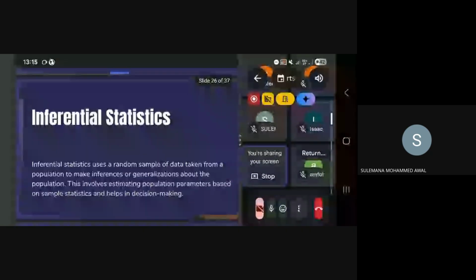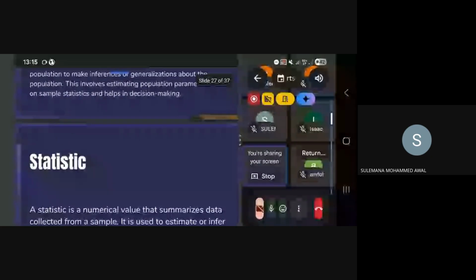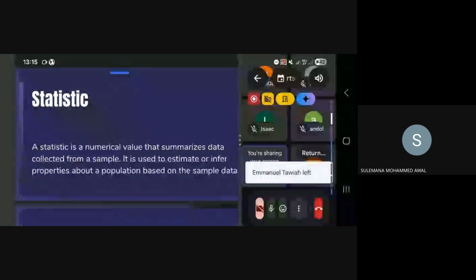The inferential too, we've made mention of it, and I think we did well in coming up with some examples, so I'm not going to talk much about that. So we can also talk about statistic. What is statistic?